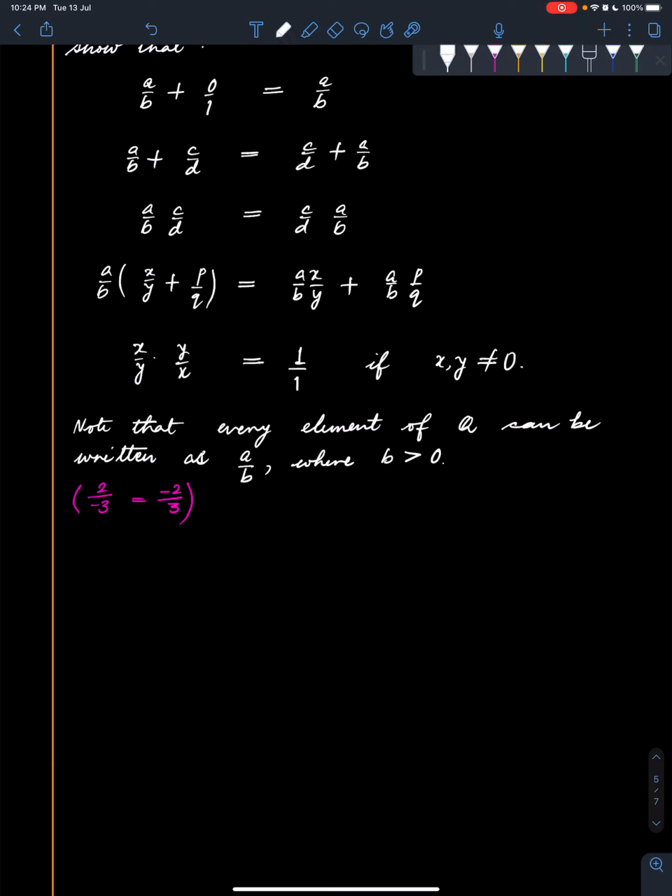And now we declare, so this is another relation that we're defining on rational numbers, a by b less than or equal to c by d, where b and d are positive natural numbers, if ad is less than or equal to bc.